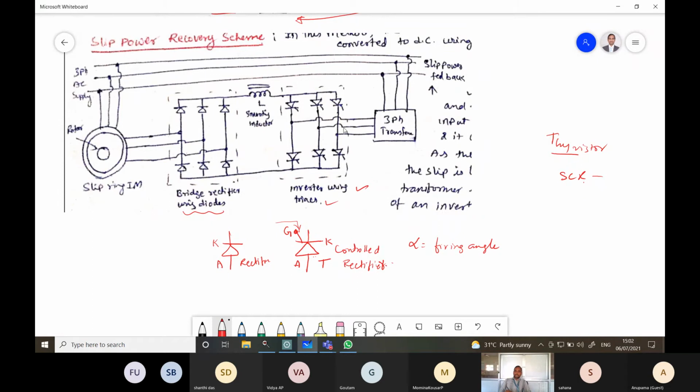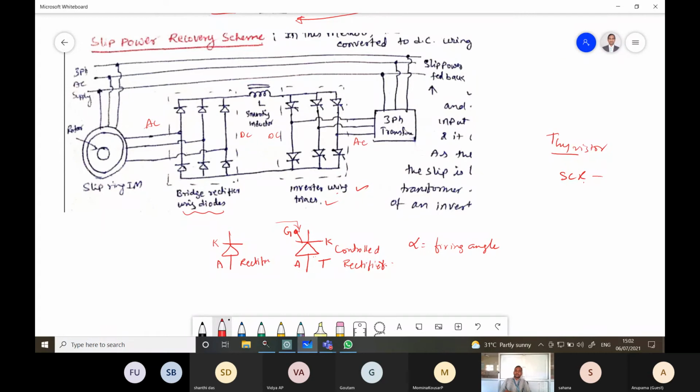In this thyristor circuit, the bridge rectifier is converting AC to DC, and a smoothing inductor L is provided. Then these thyristors convert DC back to AC, the inverting mode.